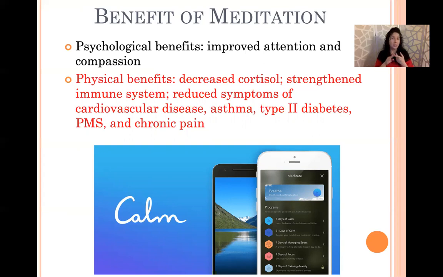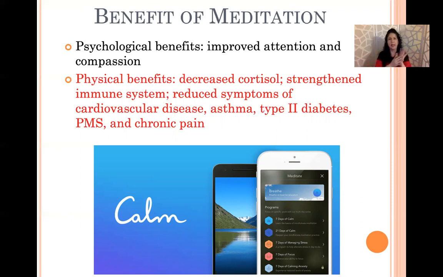So being obese, over-consuming, eating too much sugar, never exercising, those are the things that lead you on a pathway to heart disease, the number one killer. And so meditation has been shown to reduce that. Asthma, type 2 diabetes, PMS, chronic pain. So you can't really argue with research that says it works.